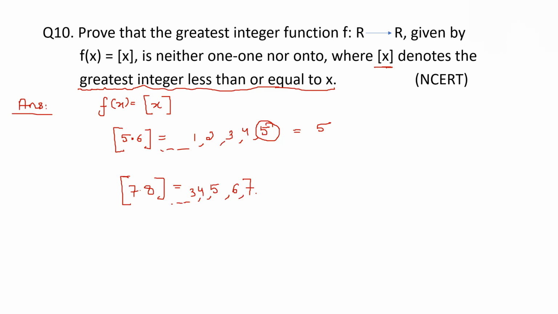But 7 cannot come, right? Why can't we take 7? The statement is less than or equal to, so you need to select a number which is either equal to this or less than this. So 7 is less than 7.8. So can we write this? Abdul, is this clear?